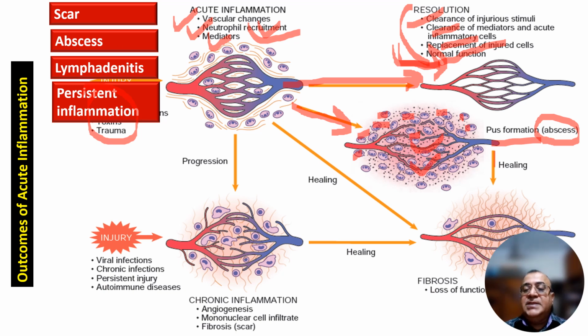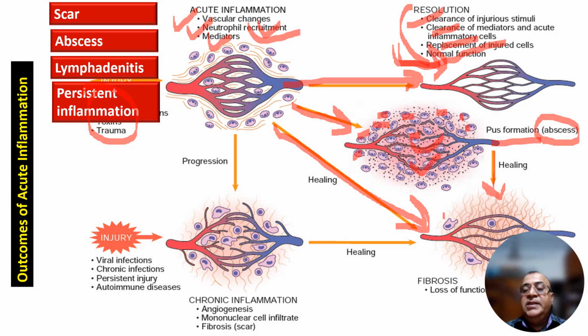These abscesses may undergo healing directly, or the acute inflammation will go towards fibrosis or healing when a large area is affected, or there is a lot of fibrin that has gone outside the vascular compartment, and there is organization of this fibrin outside, and it is not cleared by the macrophages and other phagocytes.